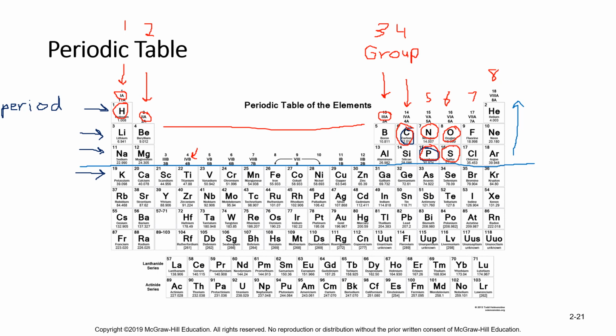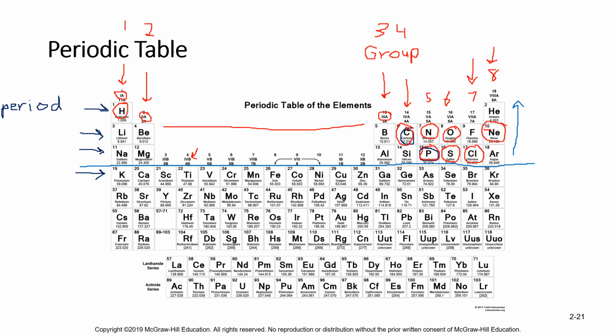They have 6 valence electrons. I talked about chlorine because it had 7 valence electrons, and look, it's in group 7. And then our mystery atom was neon. Look, it has 10 total electrons, and it is in group 8. So that's the periodic table.